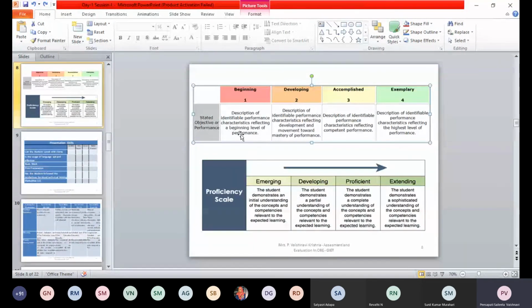Then a description reflecting development and movement towards mastery of performance. And then the accomplished state. When can I call that? This is accomplished: a description of identifiable performance characteristics reflecting a competent performance.